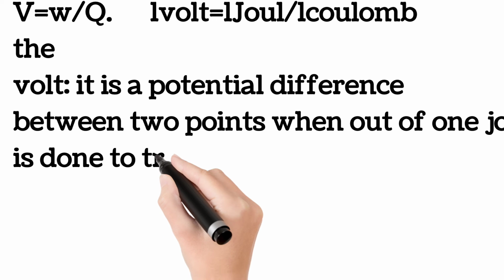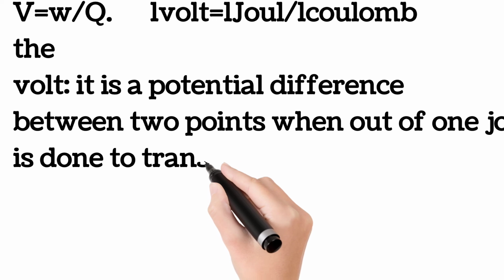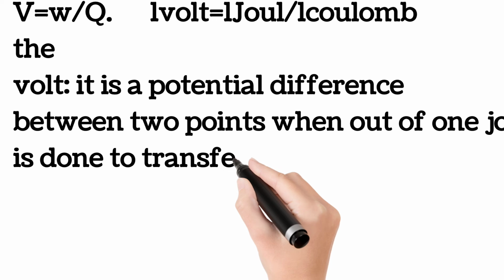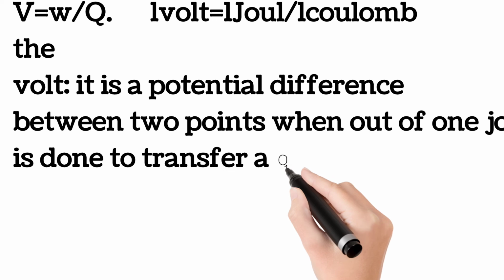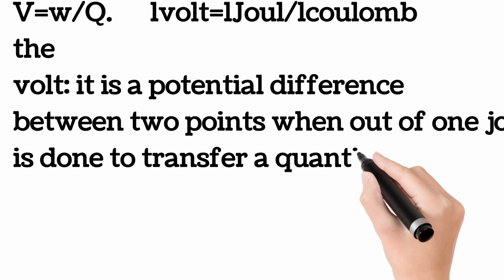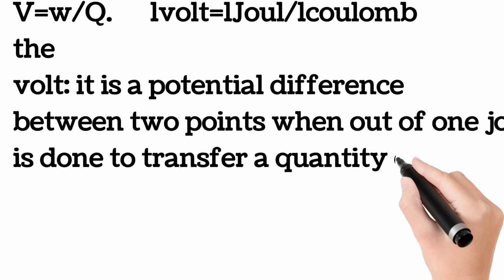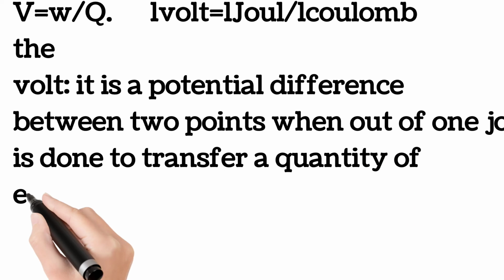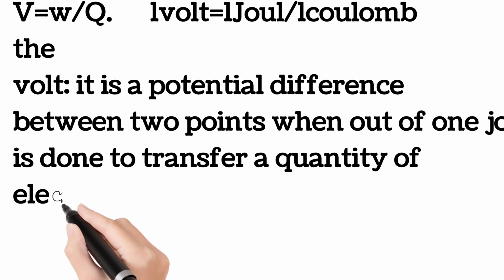What is meant by volt? The volt is the potential difference between 2 points when a work of 1 joule is done to transfer a quantity of electricity of 1 coulomb between these 2 points.